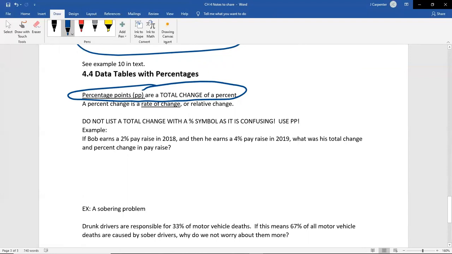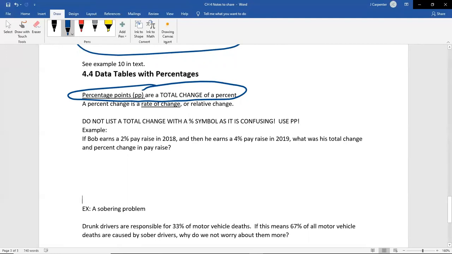So like, we got a pay raise of this percent one year and then a pay raise of this percent another year, because we're talking about a change of a percent, not a change in apples or a change in money. The total change would be a percent, and then the percent change would also be a percent, and that's confusing. So that's why somebody just one day decided to use the phrase percentage points to represent the total change of a percent.